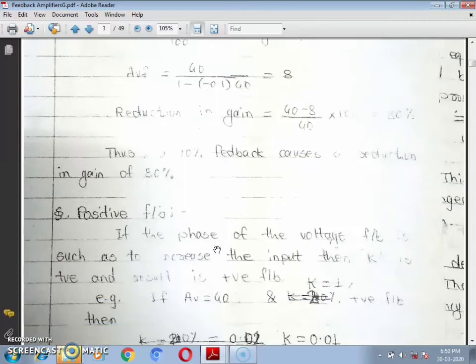What about positive feedback? For positive feedback, the basic expression is AVF equal to AV divided by 1 minus KAV. Let's consider that AV is equal to 40 and the feedback is 1% positive.